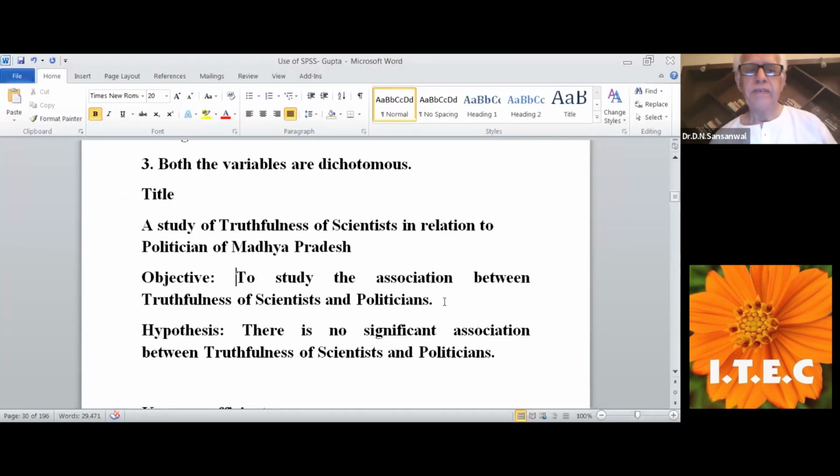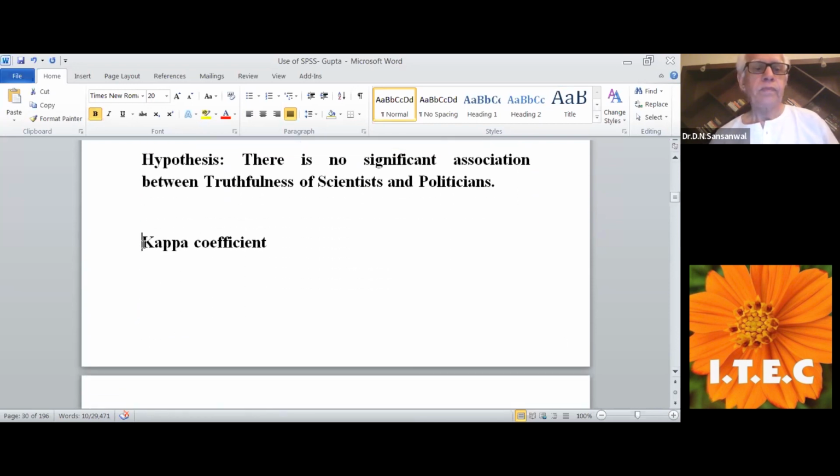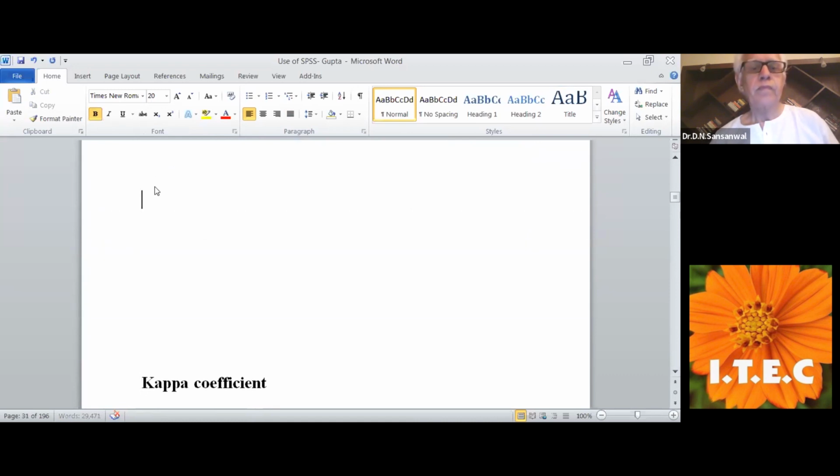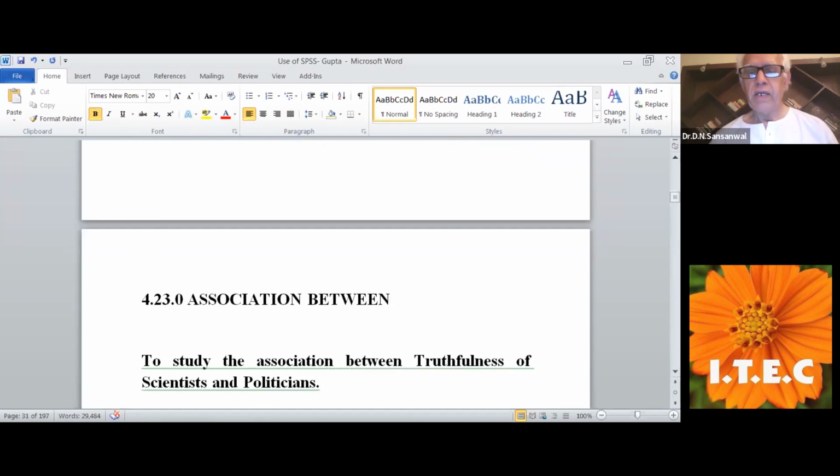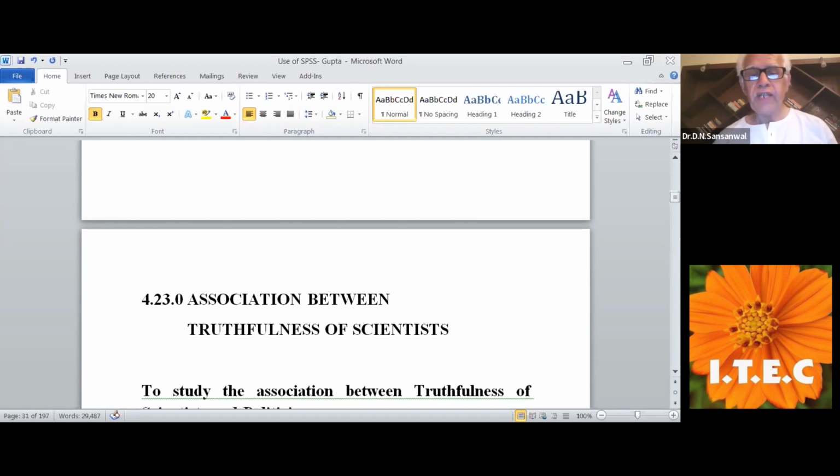So this is the objective, and here it is 4.23.0, association between truthfulness of scientists and politicians.